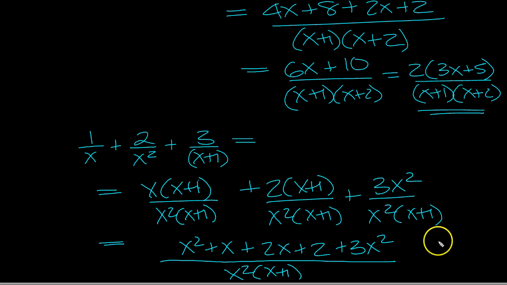So that equals then, how many x squareds have we got on top? 3, 4 x squareds. How many x's? 3x. And then plus 2, over x squared times x plus 1.